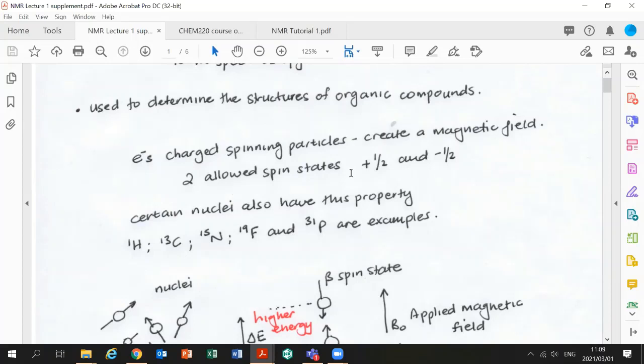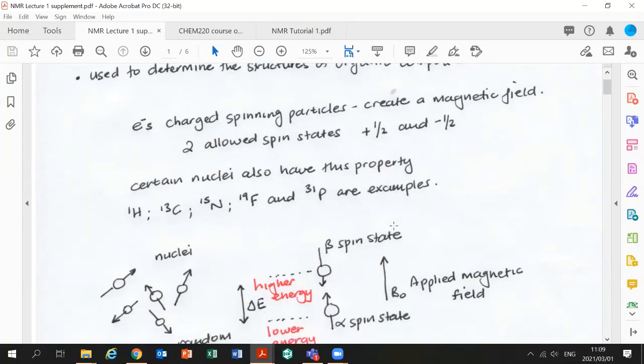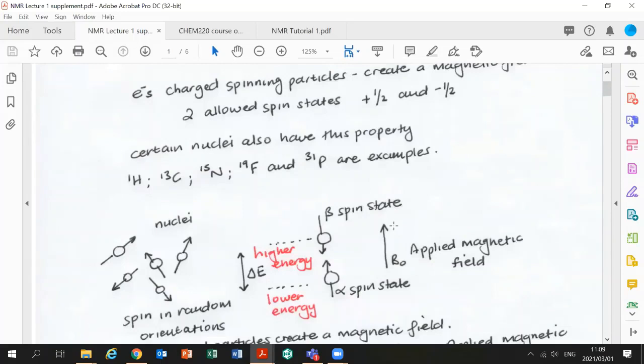To visualize this, if I'm dancing with a dance partner and I twirl them one way, that's the plus half, and if I spin them the other way, that's the minus half. So there are two allowed spin states in these electrons, which are charged spinning particles. But NMR spectroscopy doesn't make use of electrons.